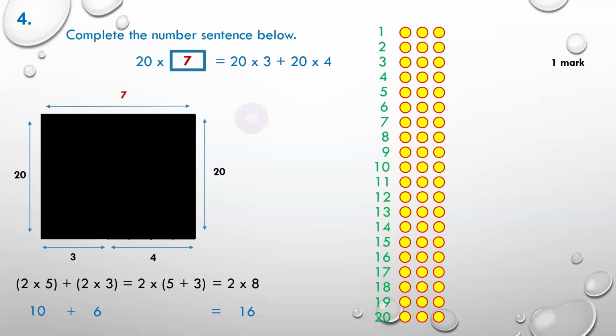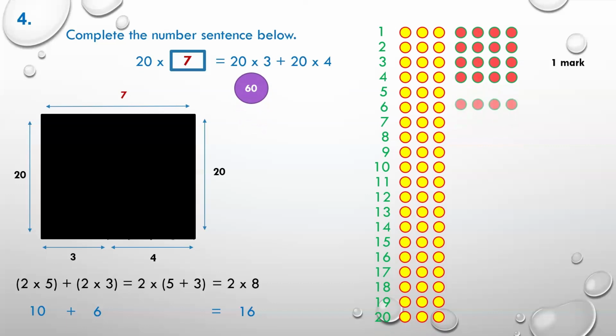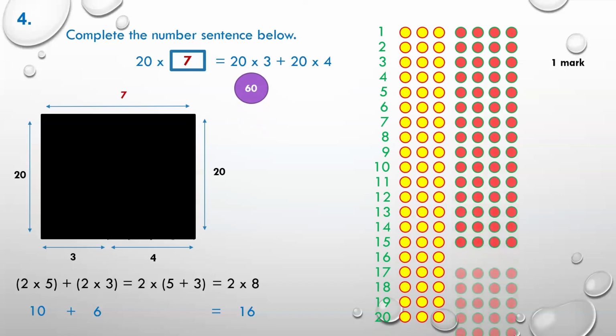Can we look at the 4s? Because 20 sets of 3s gives us 60. And if we look at the 4s now, we have 1 set of 4, 2 sets of 4s, 3 sets of 4s, 4 sets of 4s, 5 sets of 4s, another 5, that's 10 sets of 4s, 15 sets of 4s, 20 sets of 4s. So we have 20 sets of 3s, 20 sets of 4s.